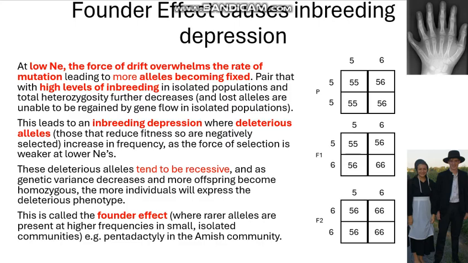These deleterious alleles tend to be recessive, and as genetic variance decreases and more offspring become homozygous, the more individuals will express the deleterious phenotype.